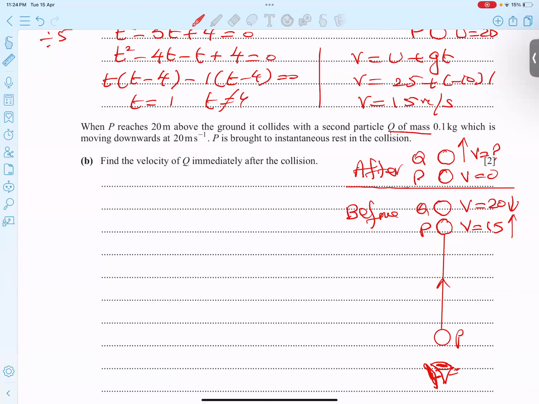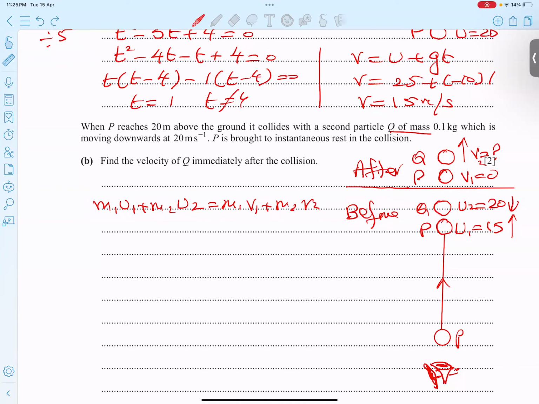To make it understandable, I will take these as U1, U2, V1, and V2. So what is the law of conservation of momentum? M1 U1 plus M2 U2 is equal to M1 V1 plus M2 V2, before collision and after collision.